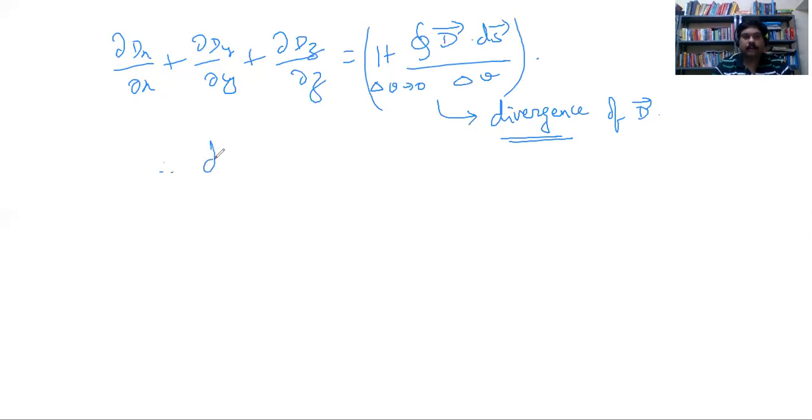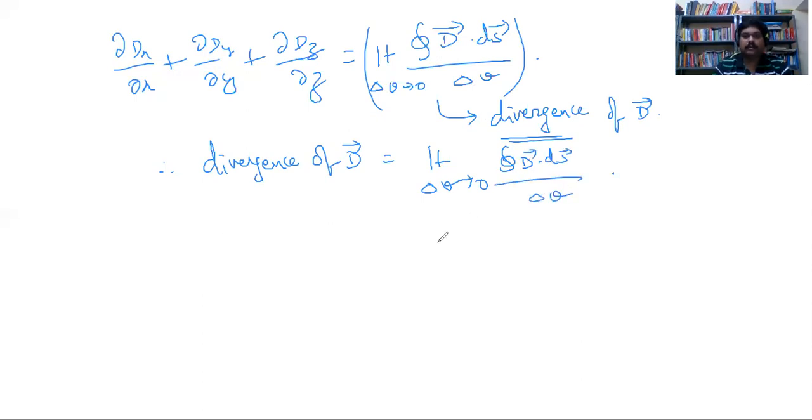So therefore, divergence of D equals the integral D dot dS divided by delta V. So this is the traditional definition of divergence.